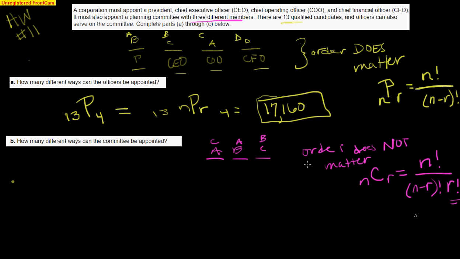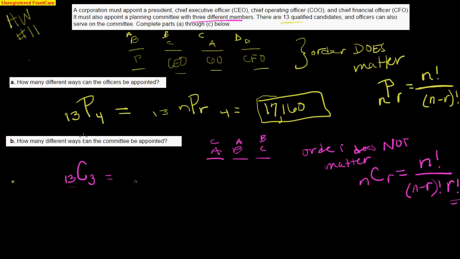That's what gets rid of those double ups or triple ups or all the different combinations with the same letters. Okay, so we have a combination problem, and again, because people on the board can serve also on the committee, even if you're the president, you can still be one of the 3 on the committee. So we've got the whole group of 13 to choose from. And this is a combination. We are going to choose 3 people.